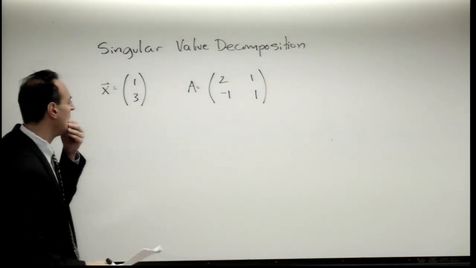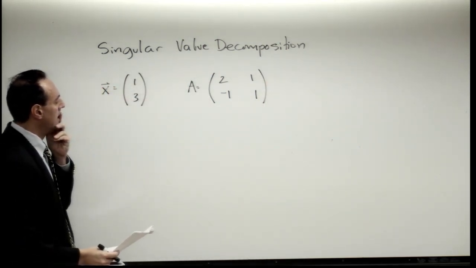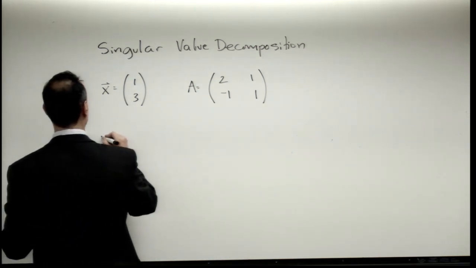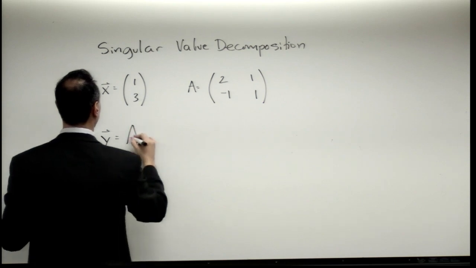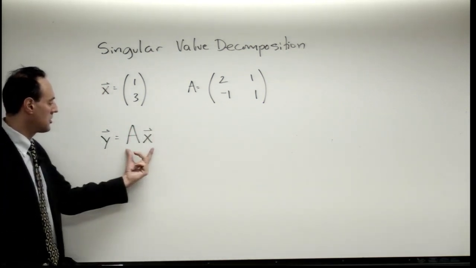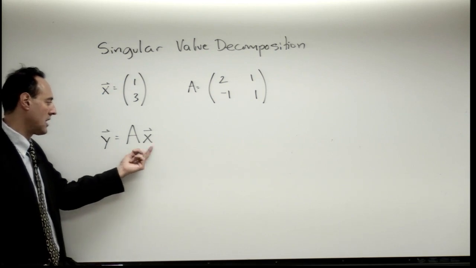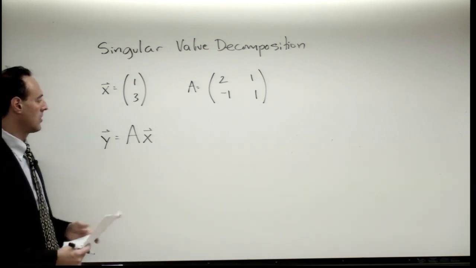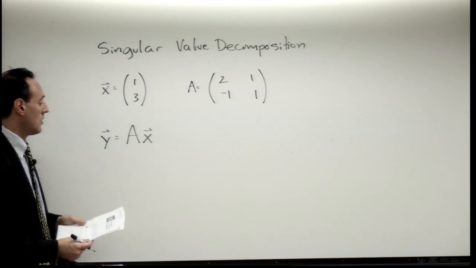So I take these two things, and what I want to do is think about constructing a vector y, which is simply A times x. So this is just a matrix times this vector. It's a simple procedure. We've been doing this all quarter. And what does it give you?